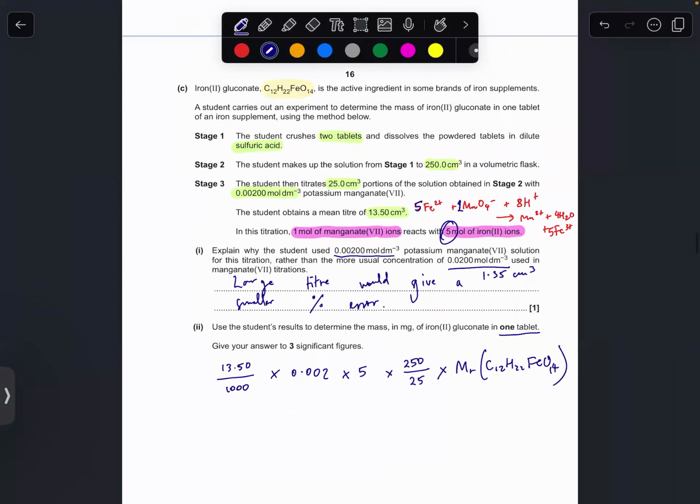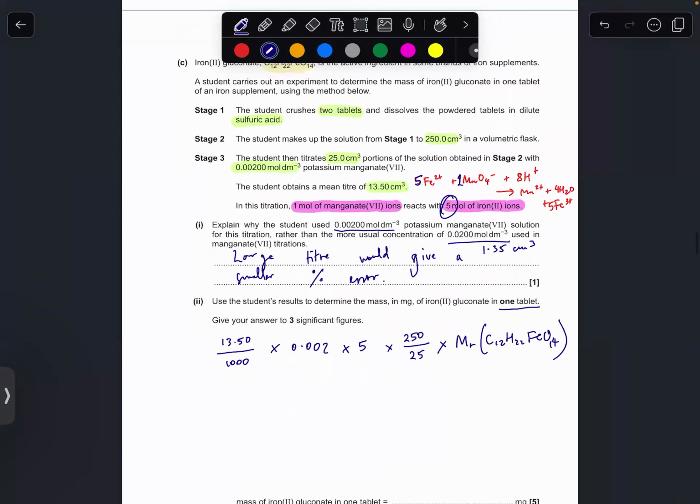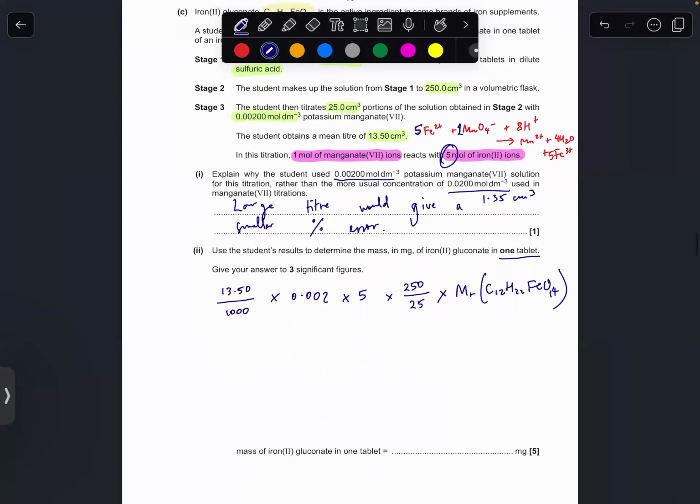That gives your answer in grams, but we want it in milligrams, so you times it by 1,000. Let's work out the Mr first. 12 times 12 plus 22 plus 55.8 plus 14 lots of 16, which is 445.8.